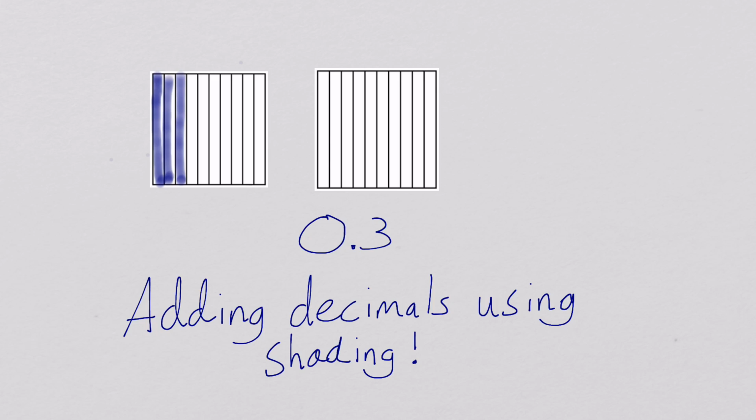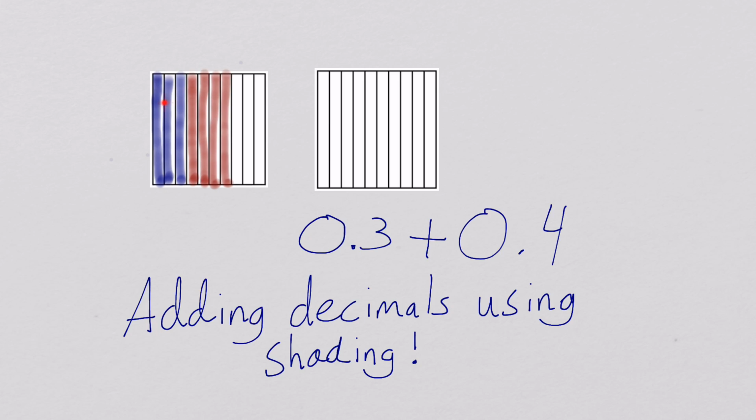So let's say we have 0 and 3/10, and we want to add to it, let's say, 0 and 4/10. So what I would do is, I already have my 3/10 shaded in. Now I can shade in 4 more. And I'm going to use a different color to show the difference. 2, 3, 4.